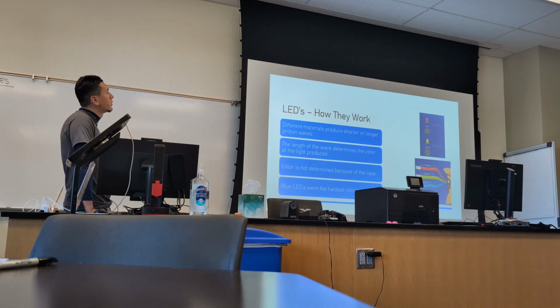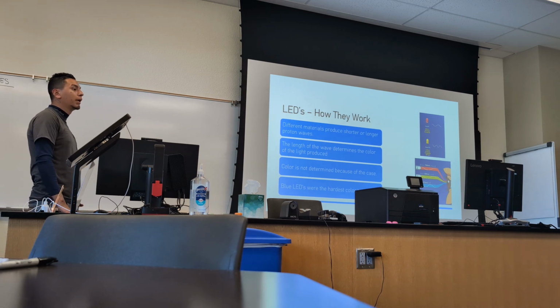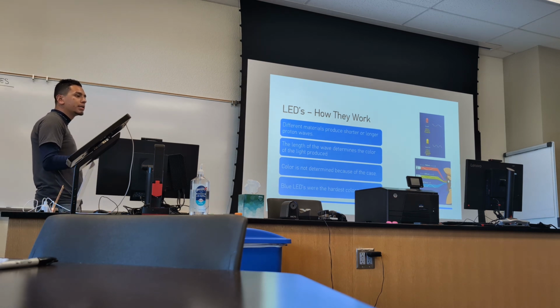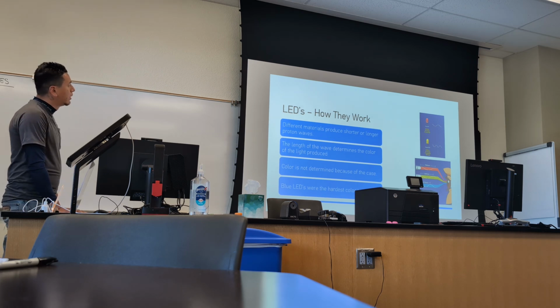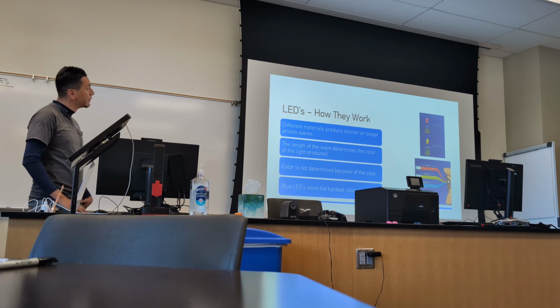Different materials produce shorter or longer photon waves. The length of the wave determines the color of the light produced. The color is not determined by the casing, so that's a common misconception. You know, how they have red LEDs, there'll be a red casing. It's actually not that, it's the light wave. Blue LEDs were the hardest color to create, actually. That's why it took so long.